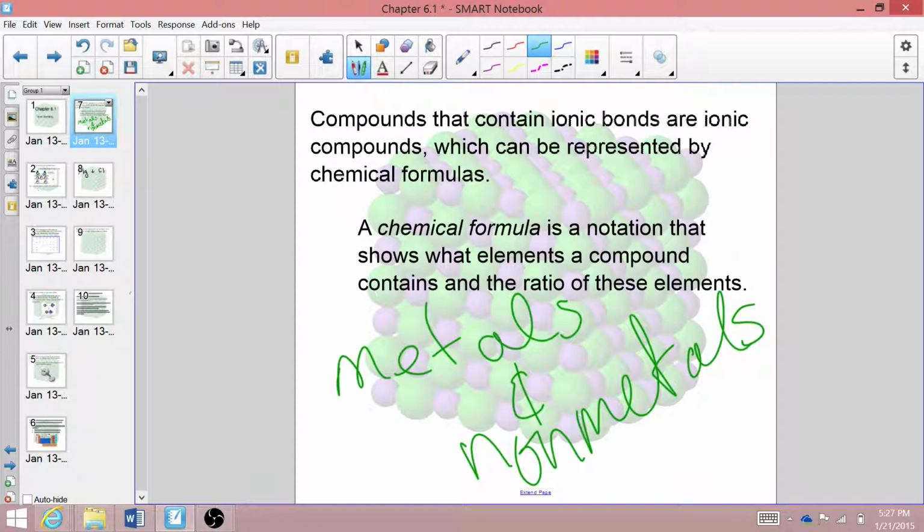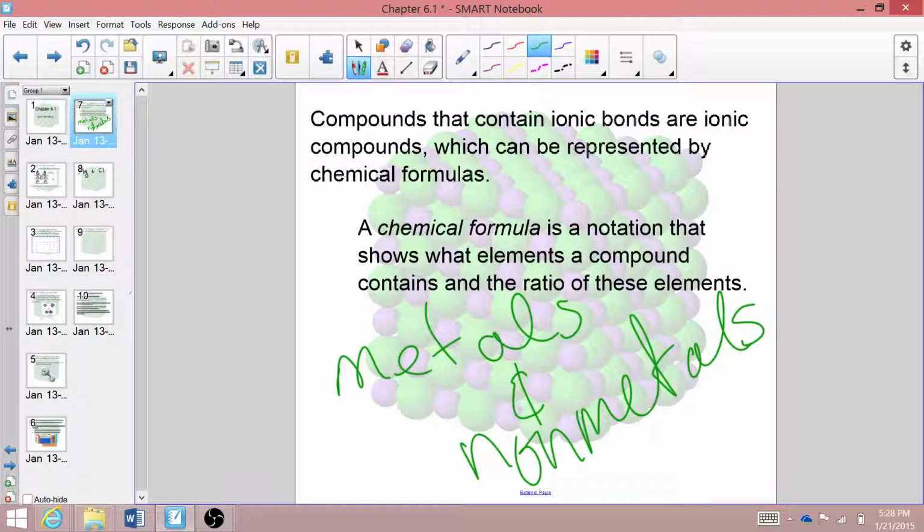We also couldn't form an ionic bond between carbon and oxygen because both of those are nonmetals. But we can form an ionic bond between iron and oxygen because iron is a metal and oxygen is a nonmetal.